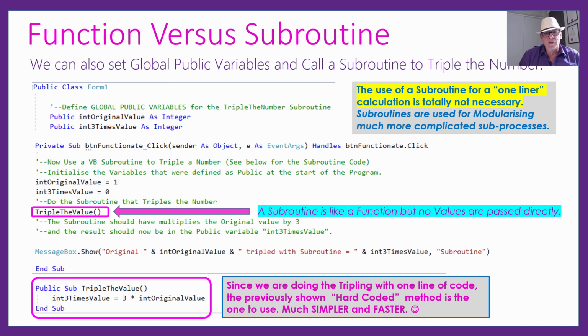It makes sense to have a subroutine to go through all that complicated string processing and checking, and not have it kind of up in the main part of the program. So that makes sense when you've got quite a few things to do and you just want to break it off to keep it as its own little module and not have one giant super complicated slab of code for people to go through. That's when you use a subroutine. You don't use it for 1-liners like tripling a number, obviously.